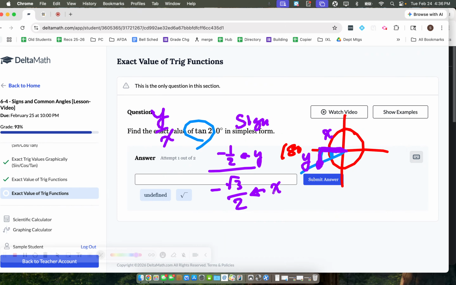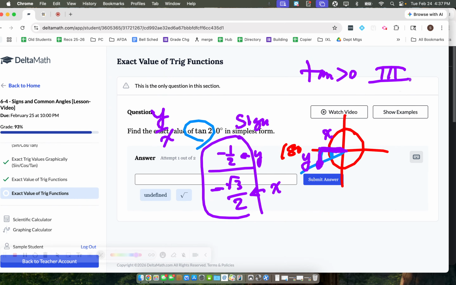This is x. And notice I applied a sine on this one too. This is to remind me that when I calculate this, my answer is going to be positive. Tan's going to be positive in quadrant 3, okay? Because negative over negative makes positive.